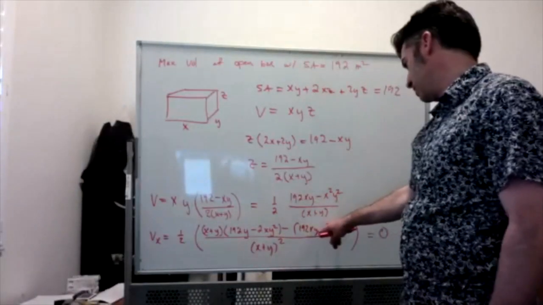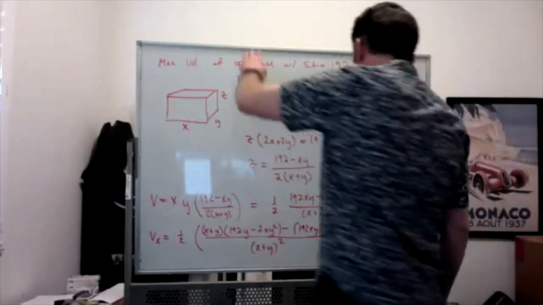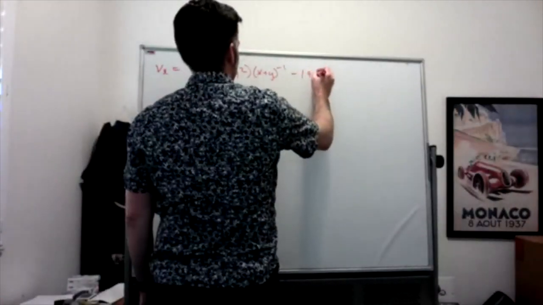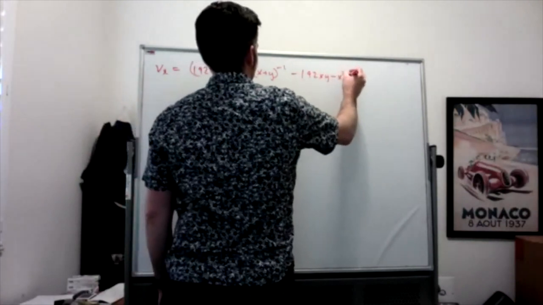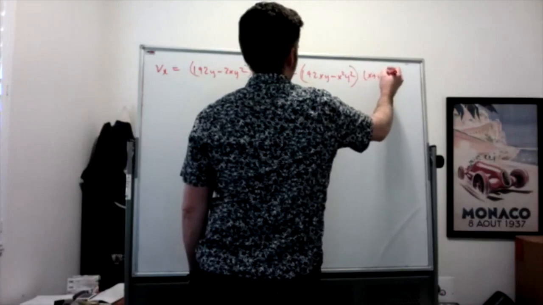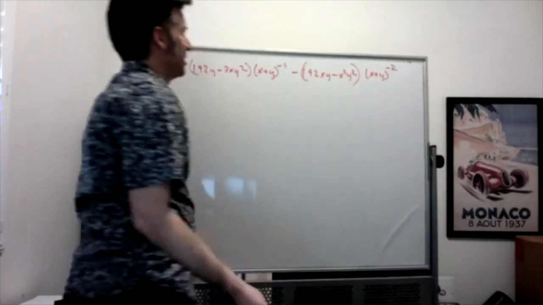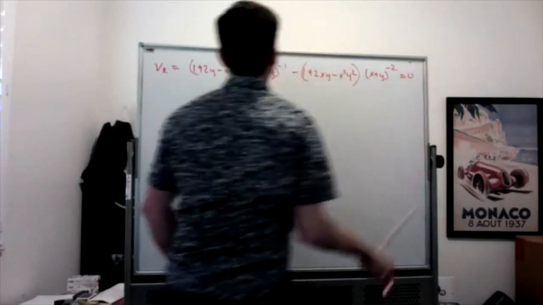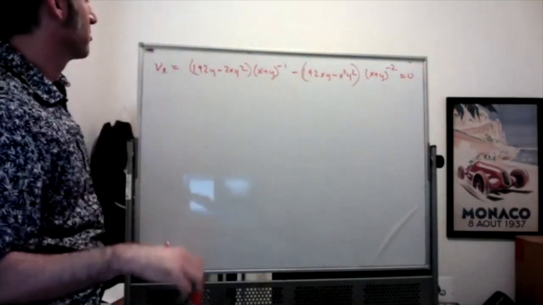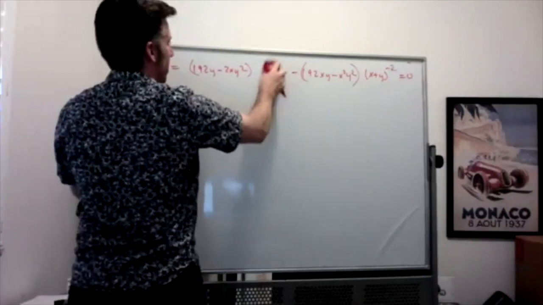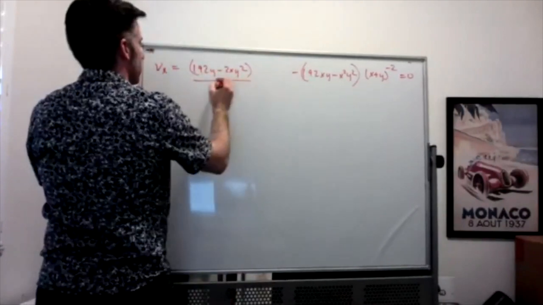And then you have this times x plus y to the negative second, 192xy minus x squared y squared, times x plus y to the negative second, equal to 0. I don't like that. Here's what I would do instead.